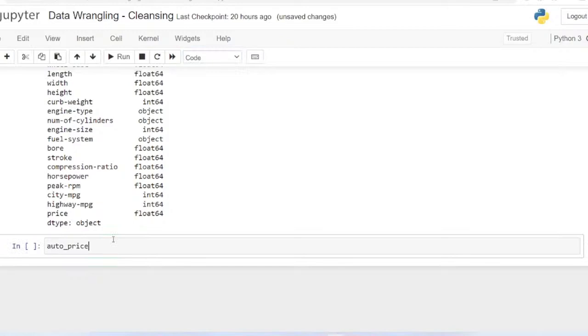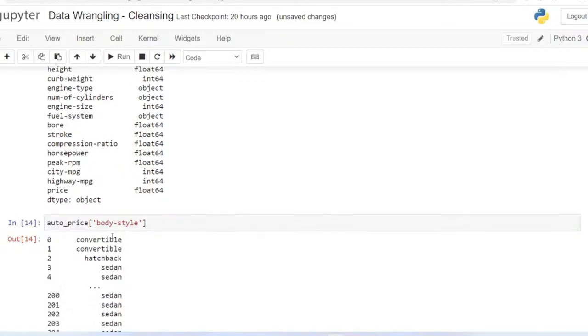I'll just take a column. The column will be body-style, correct? And then we can simply do value counts.